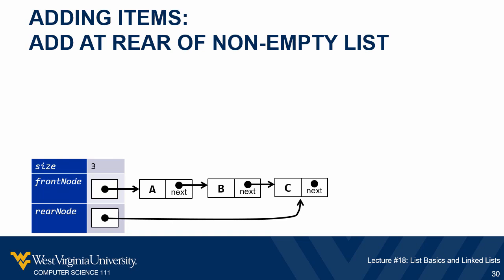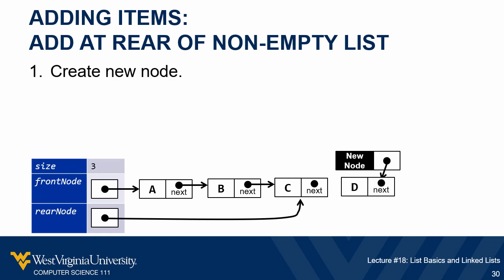The next simplest case for adding will be if we're going to add at the rear of a list that actually has stuff in it. Here we're still going to create our new node. But what we're going to do then is leverage the fact that we made that field to point at the rear node.